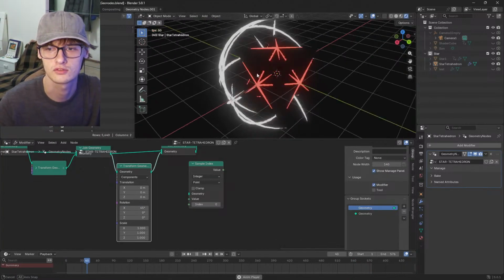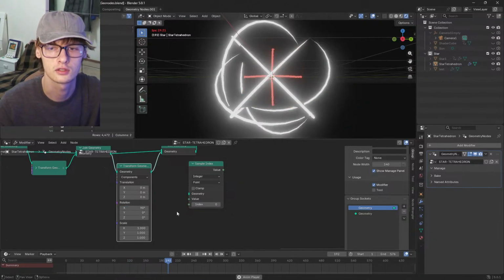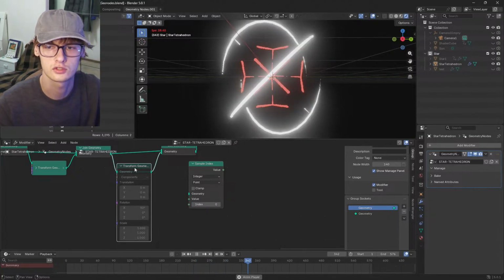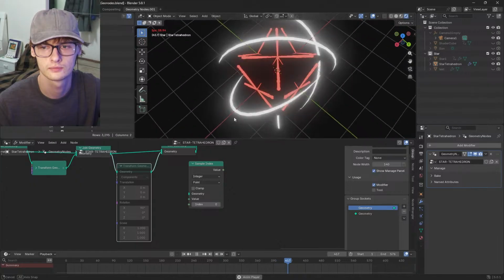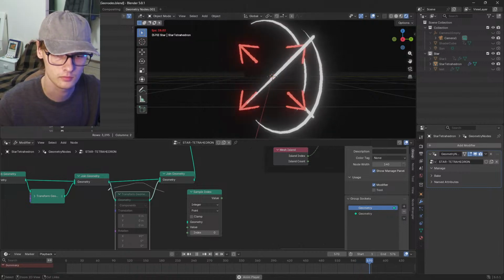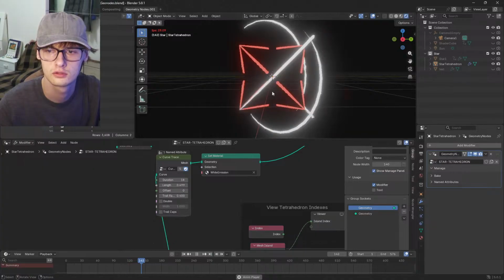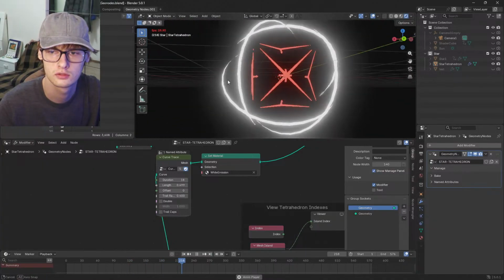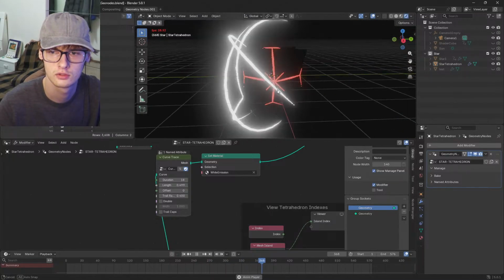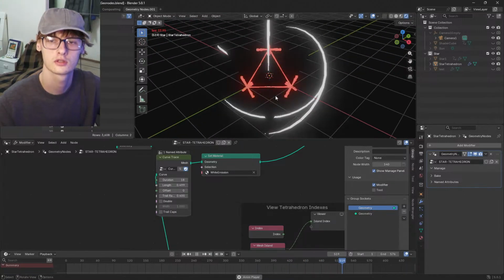What happens if it's 45 degrees? Or 90? Or if I just disregard this? Maybe the animation speed should be faster? Oh, it looks great from this view. That's crazy.